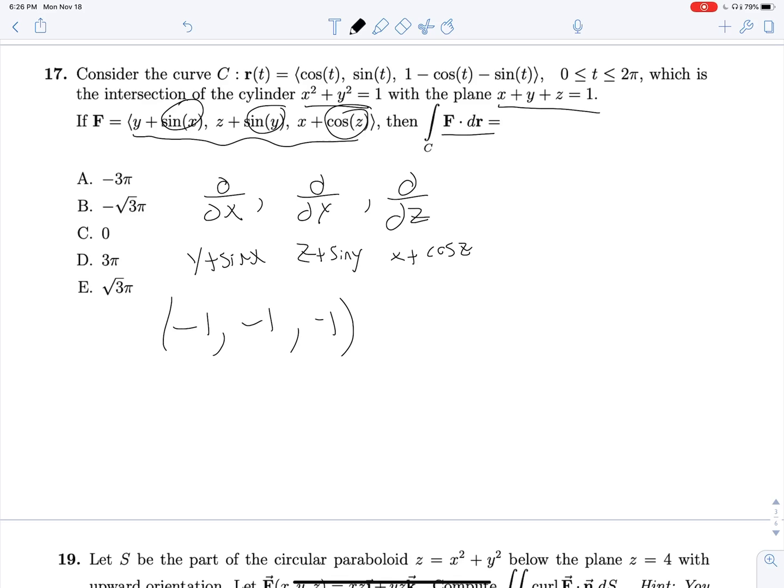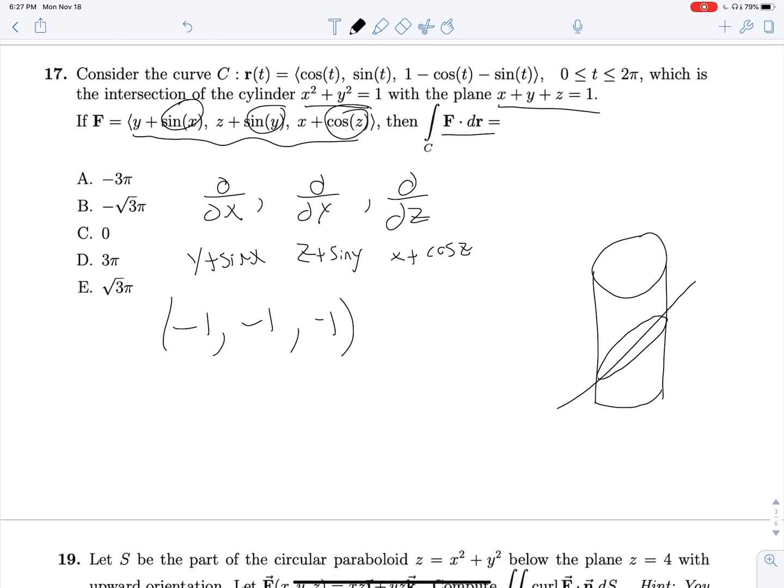And then, okay, what is our normal vector? Well, we're looking at the intersection of a cylinder with a plane, and this plane is just cutting through this cylinder at some point. And what is a plane defined by?